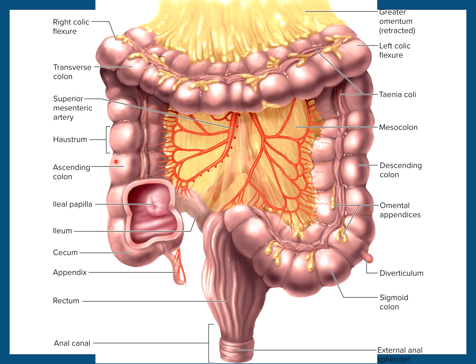And then you'll have the ascending colon and the right colic flexure, then the transverse colon and the left colic flexure going down into the descending colon and the sigmoid colon down into the rectum. And then there'll be the anus, which is the opening to the outside world.